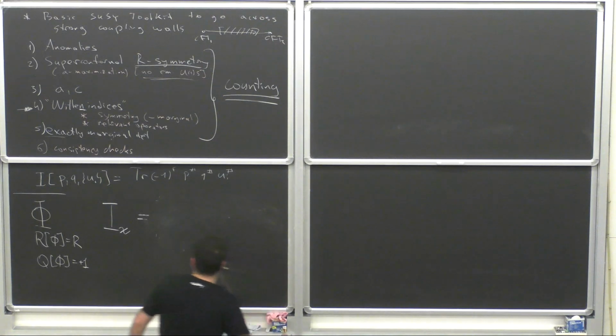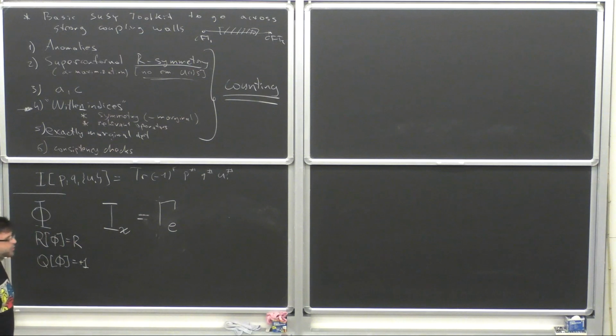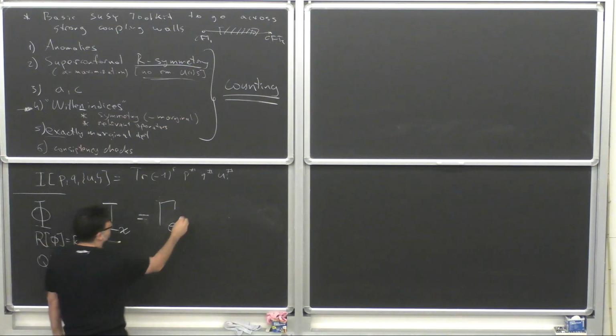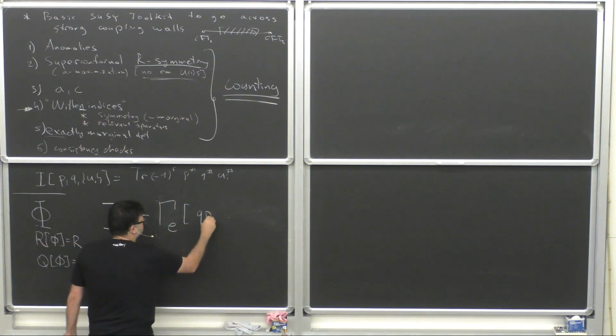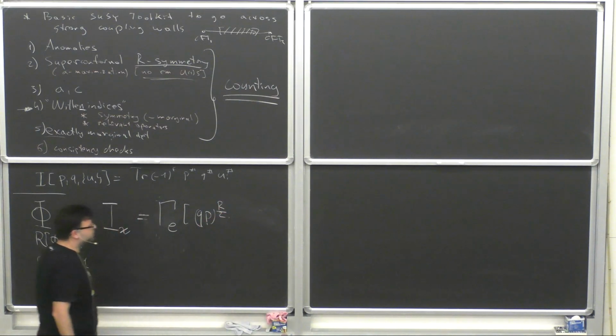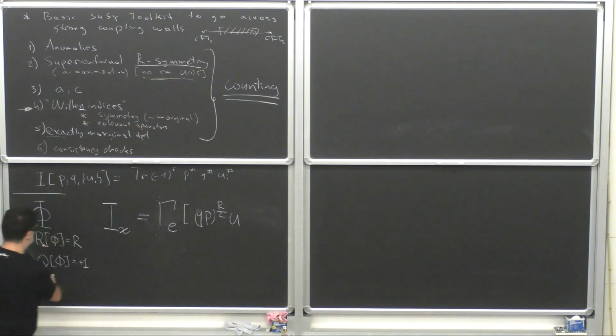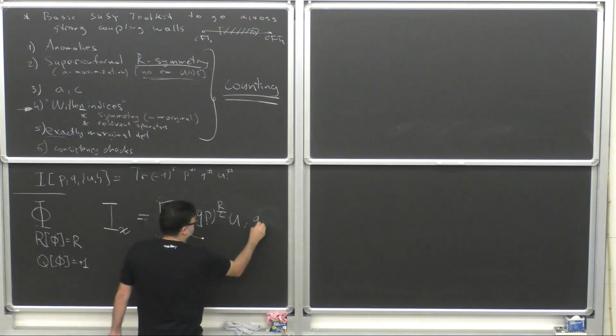Let me write it as a function, which I will define in a moment. I will call it an elliptic gamma function, and it has an argument, which will be q times p to the power r over 2 times u, where u is the fugacity for this U(1) symmetry. And it has these two additional parameters, q and p.